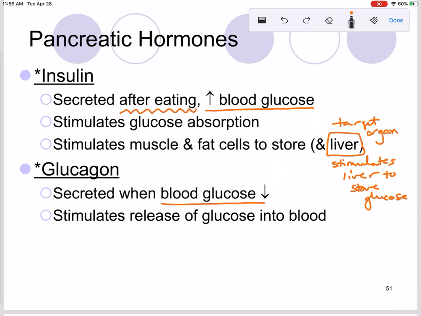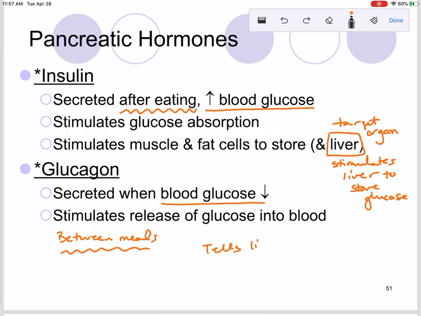Glycogen. On the other hand, if I haven't eaten for a while, so also have a look at when these would be likely to be released. Insulin is likely to be released after you eat, because after you eat, you're probably going to have more blood glucose because your food had sugar in it. Glucagon is likely to be released between meals or if you haven't eaten for a while, because it's more likely that between meals is when your blood glucose will drop.